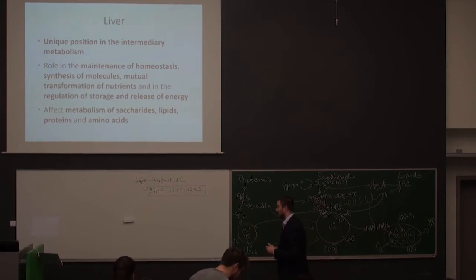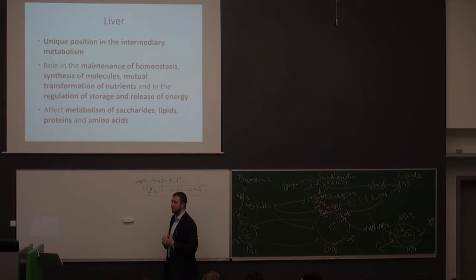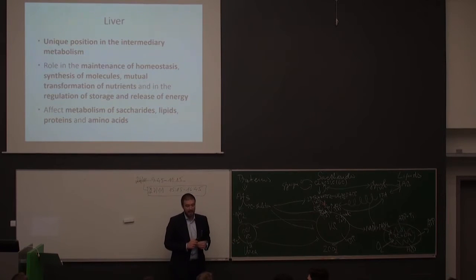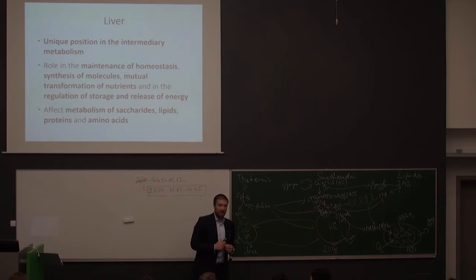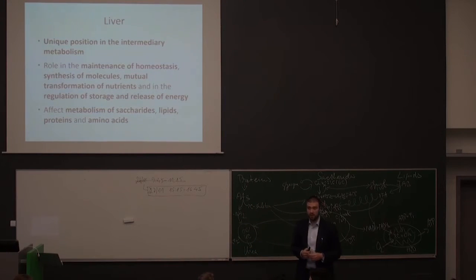We have many organs in our body, as you know, and these organs typically have some specific position in the energy metabolism. Some are typical complex organs, as for example liver, where almost everything proceeds.